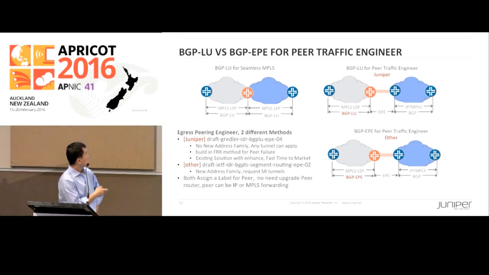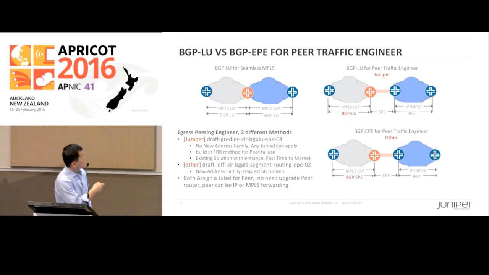Another draft talks about a different solution. It needs a BGP-LS extension, the BGP link state extension, to carry the segment routing labels. Their solution can only be used with a segment routing tunnel. For us, it can be an MPLS label or a VXLAN tunnel. So our tunnel mechanism is independent of BGP LU.